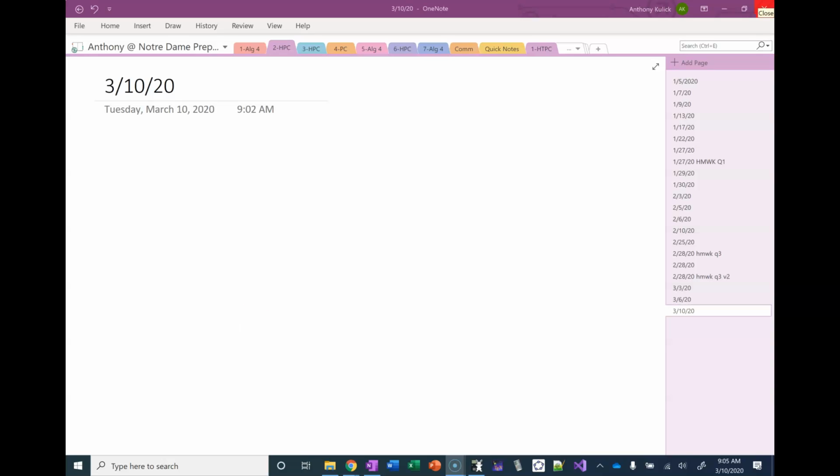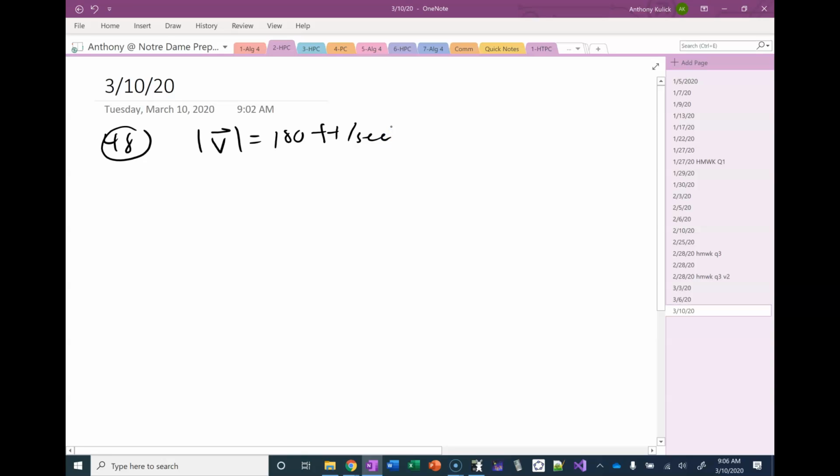Okay, Kara. 48. So it says Nick hits golf balls off a practice tee with an initial velocity of 80 feet per second, with 4 different clubs.